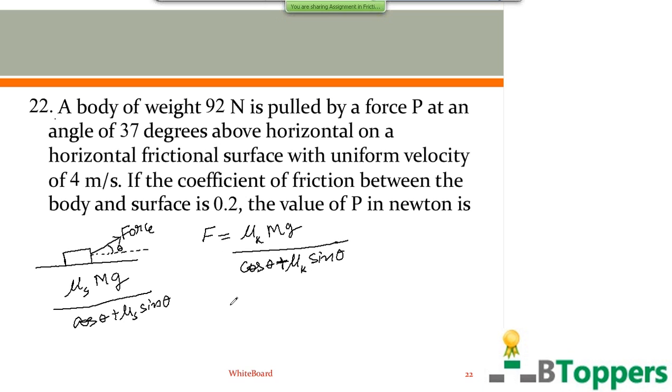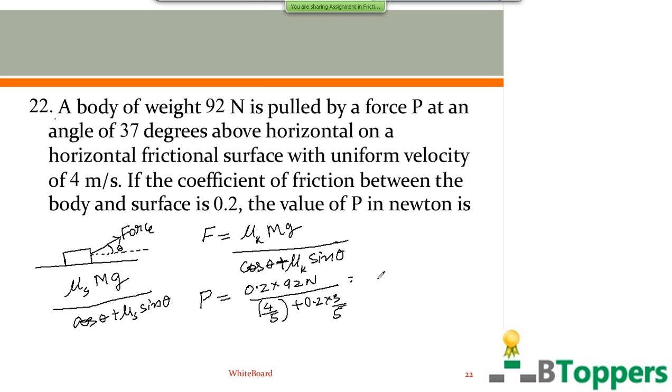So here F is equal to P, which you have to find. Mu k is 0.2, the weight mg of the block is 92 Newton. Cos theta is equal to cos 37 degrees, we take it as 4 by 5. Mu k is equal to 0.2, sin theta equal to sin 37 degrees, that is 3 by 5. This you can try to simplify yourself to get the answer.